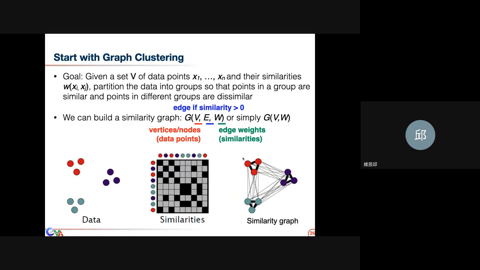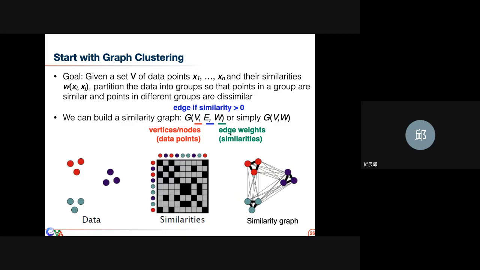For example, I can connect two data points once their similarity value is bigger than 0, right? And the weight of this edge is defined based on their similarity. So now you turn your data points and the pairwise similarity into this similarity graph.